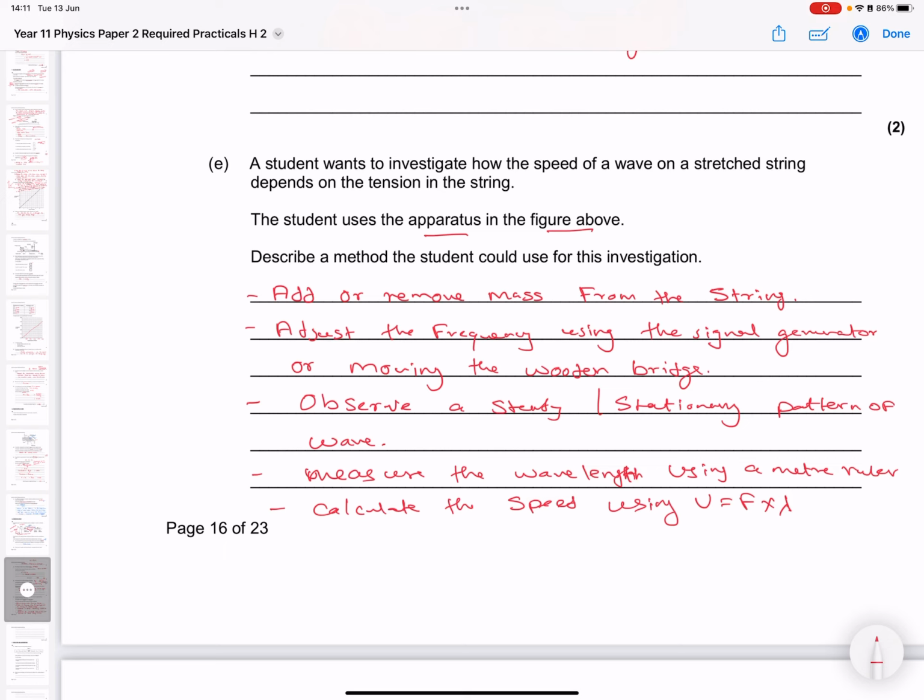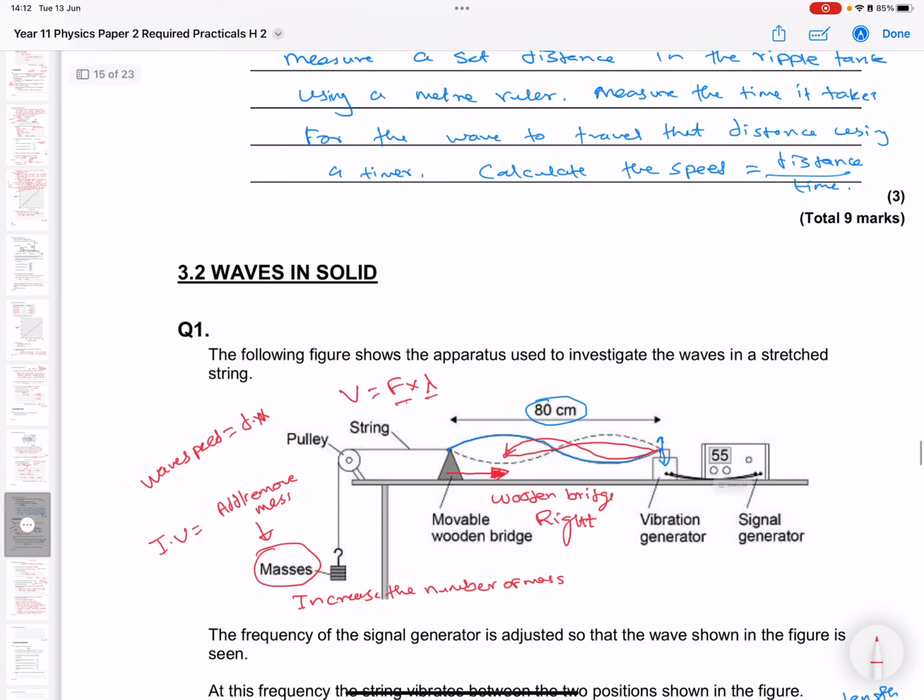So you're going to change the tension by adding or removing masses from the string, and adjust the frequency, or otherwise move the wooden bridge to find your new stationary wave position. You could either change the signal generator to a different frequency to make a different standing wave, or you could move this wooden bridge up or down, right or left, until you find a point where it is creating a new stationary wave position.